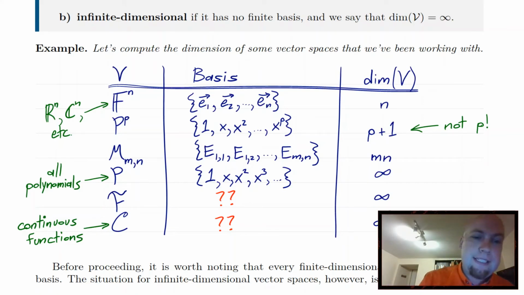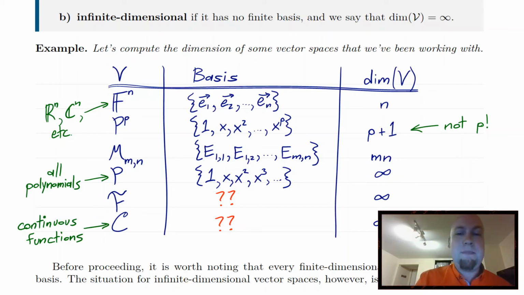Next up, this vector space F of functions, just all real valued functions. We're going to talk about this a little bit more later. We haven't seen a basis of this vector space yet, and there's a very good reason for that I'll talk about down below. But F contains P, so it should be believable that it's also infinite dimensional. If the vector space of polynomials is infinite dimensional, F is somehow bigger.